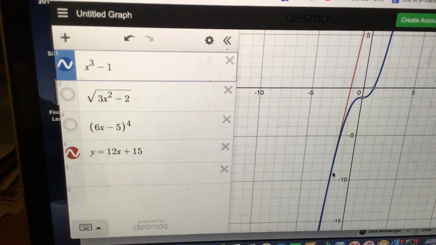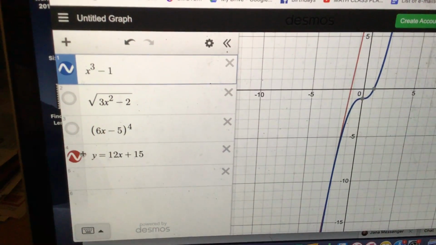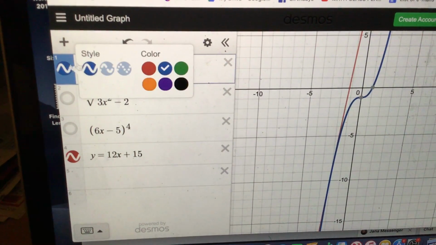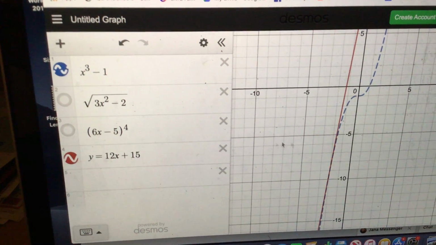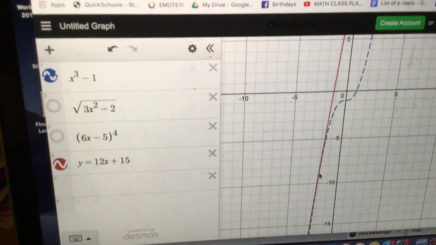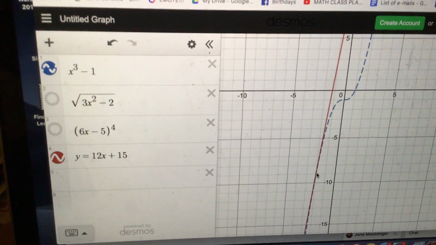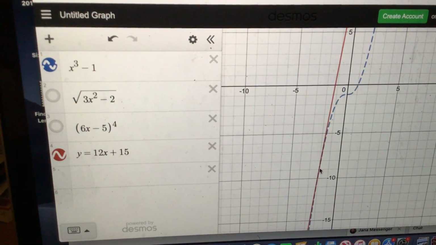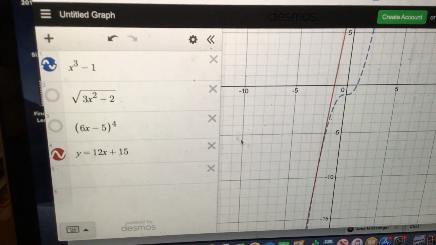Look at that. That is poetry. In fact, let me make that a dashed curve just to show you. You'll notice that the red just sits on top of that point, negative 2, comma, negative 9, and has a slope of 12. That's a very steep curve at that particular point.